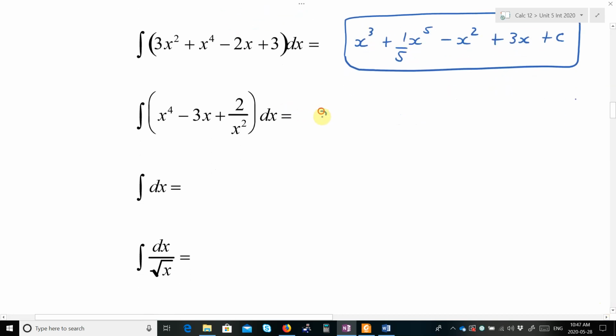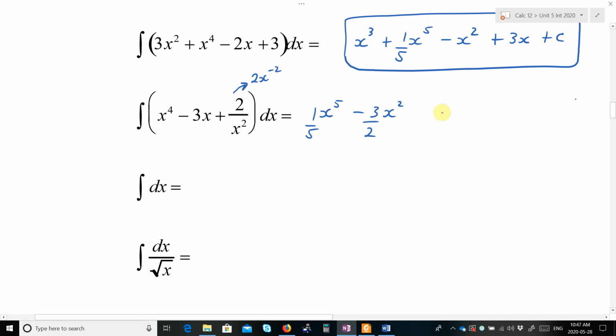This next integral, that would become x to the 5 with a 1/5 in front, minus, this would become x to the 2, and then the negative 3 in front would get divided by 2. And this little expression here, 2 over x squared, is 2x to the negative 2.